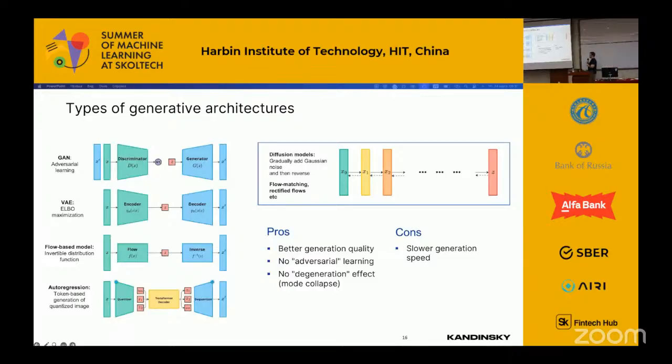One more thesis. The progress started, I think, from 2014, when generative adversarial networks were presented by Ian Goodfellow, the famous and prominent work.